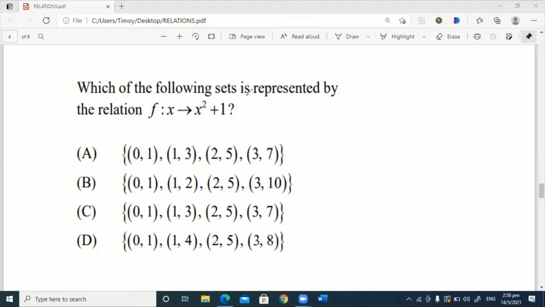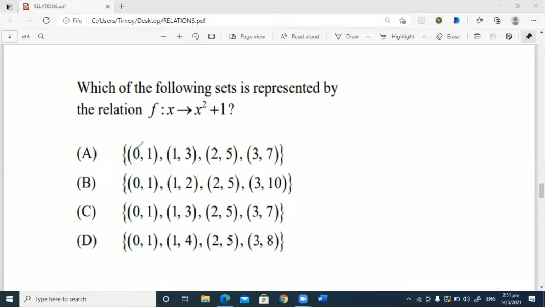Which of the following sets is represented by the relation f of x maps onto x squared plus 1? So we need to determine which one. Now, what you can see is that the first components for each of them are the same, right?